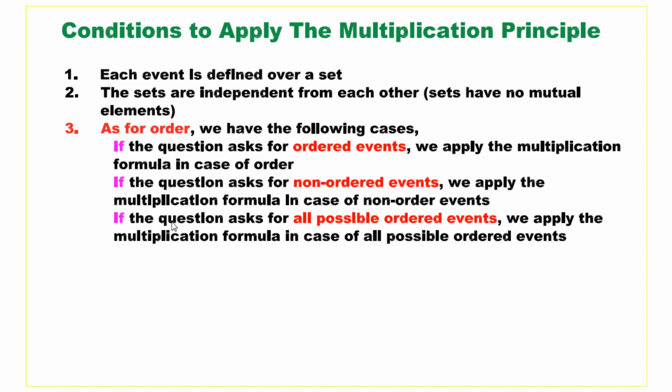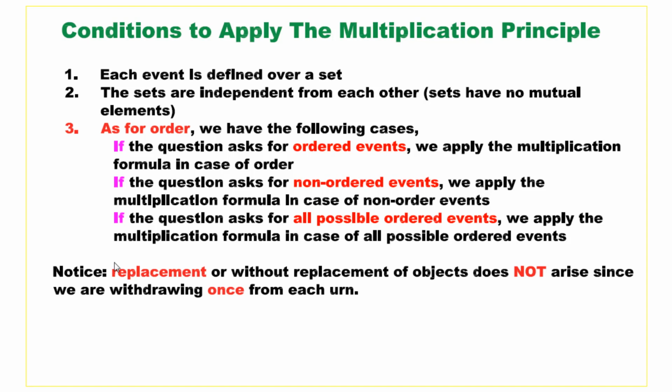And if the question asks for all possible ordered events, we apply the formula for all possible ordered events. So the final notice is replacement here is not important, and the reason is we are withdrawing from each urn only once.